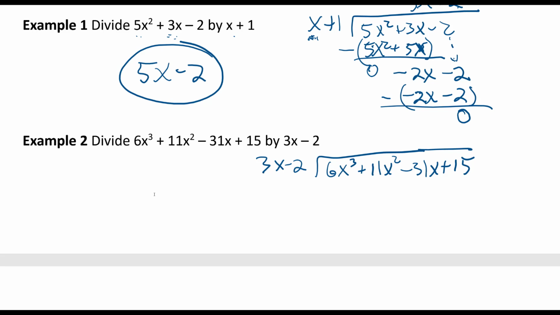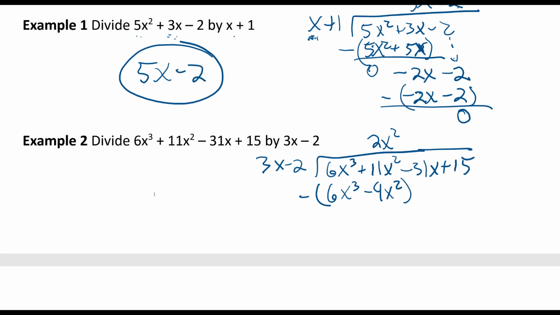So 3x times what is 6x cubed? And that's going to be 2x squared. And see how I wrote the 2x squared over the 11x squared. Again, that's my way of doing it. Other people have other styles. So 2x squared times 3x is 6x cubed. 2x squared times minus 2 is minus 4x squared.